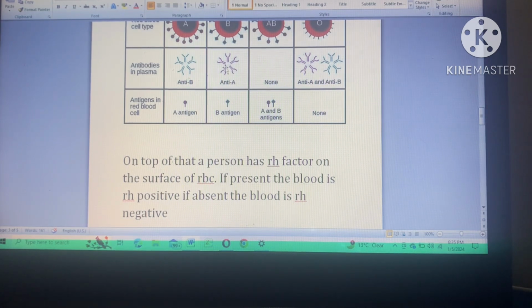When you have blood group B, for example, but don't have Rh factor, it means that blood is negative. That will be called B negative, because they don't have Rh factor. This is a very important factor, because if you don't consider the Rh factor during blood transfusion and you mix them, there will be an agglutination reaction which may cause death.